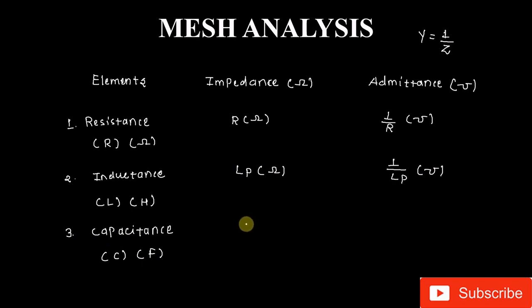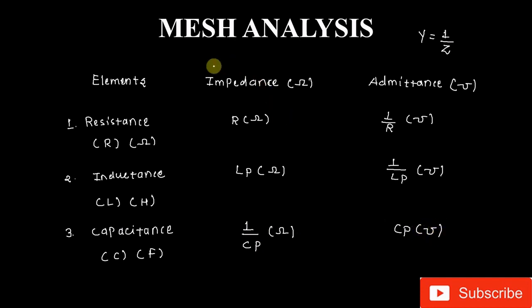Its impedance value is 1 upon Cp, which we have derived already, measured in ohms, and its admittance value will be Cp, in mho.